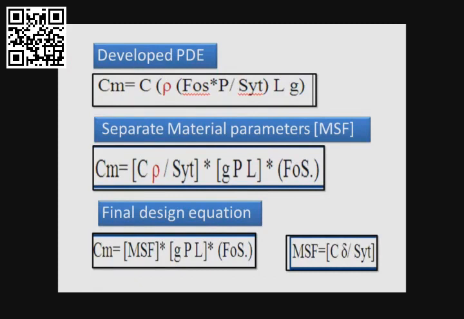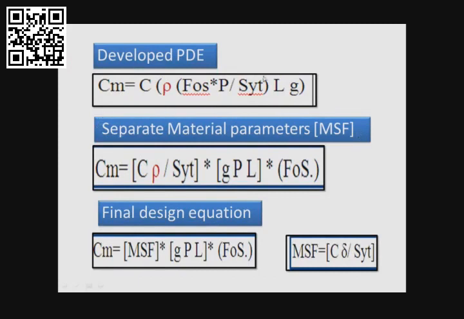What is important here is the material parameters. Why? Here we need to select the material which will lead to the minimum cost. So selection of material depends on minimizing the cost, and that is why we need to separate the material parameters.